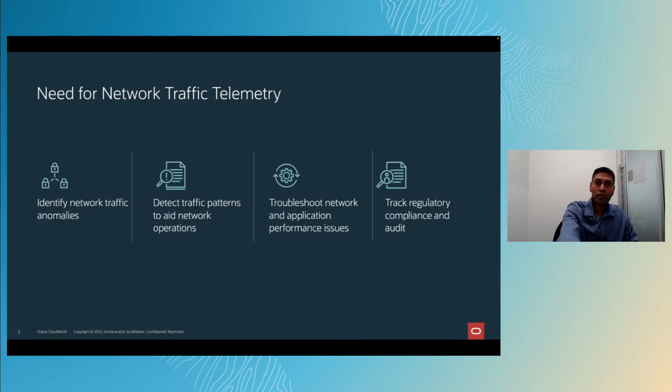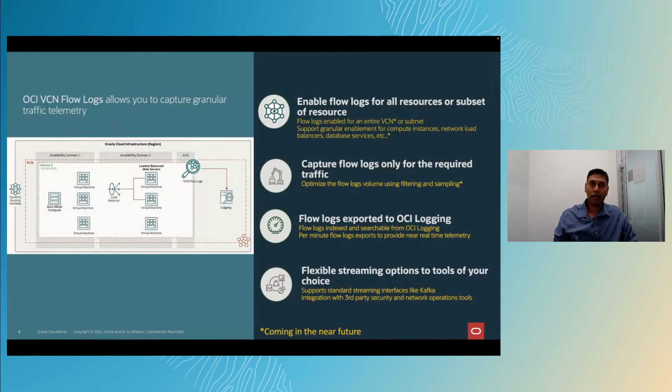Now let's move on to see what are all the native OCI capabilities available to you to get the traffic telemetry. The first and foremost, which is the most common one and mostly used by customers, is the flow logs. The flow logs give you a metadata about the network traffic that is going through in your environment.